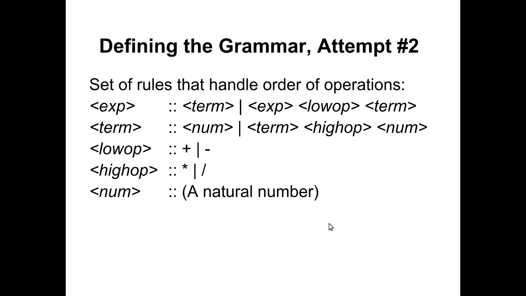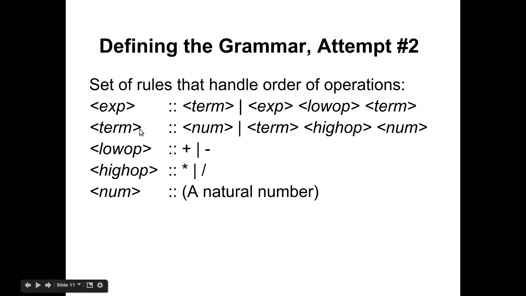In this case, it's only slightly more complicated. All we need to do is separate out the high precedence operators from the low precedence operators, and then separate out the combining rule, where we say a piece of the expression, an operator, another piece of the expression, into these two pieces, which we're calling expression and term.